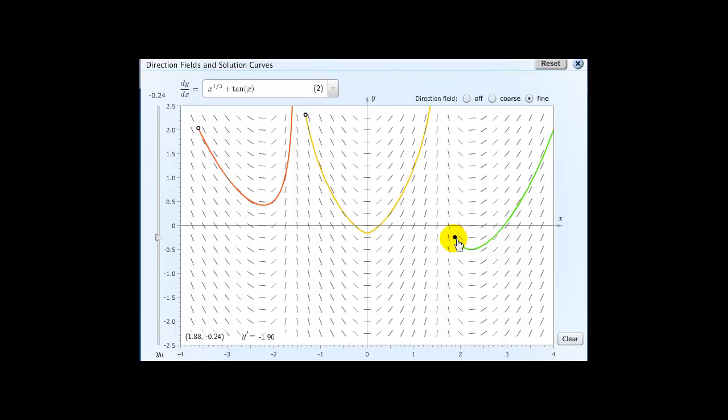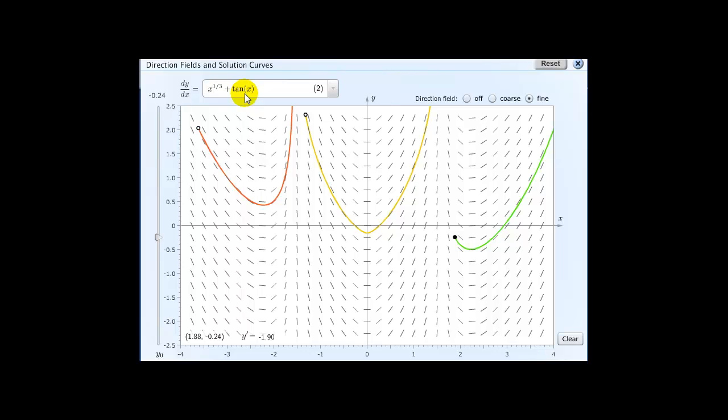Now, why am I seeing what I'm seeing? Now watch as I try and make this point. What is going on right here to the slope? That's going crazy. And if I get over here, whoa, that's going crazy. Why is that doing that? Well, let's look at the differential equation here. dy/dx equals x to the 1/3 plus tangent of x.